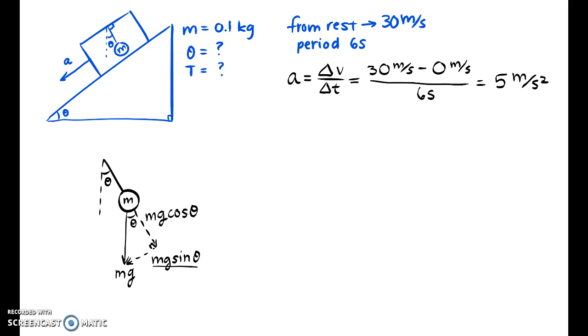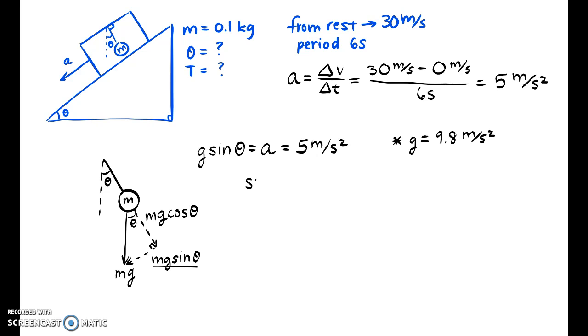The acceleration is just this force, mg sine of theta, divided by m, so we get g times sine of theta. And this is going to equal the acceleration which the car and the object go through, namely a, which we've calculated already to be 5 meters per second squared. We're going to use g equal to 9.8 meters per second squared, and right now we're trying to solve for theta.